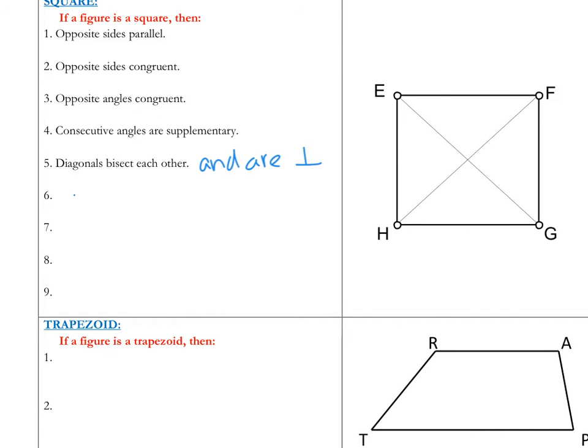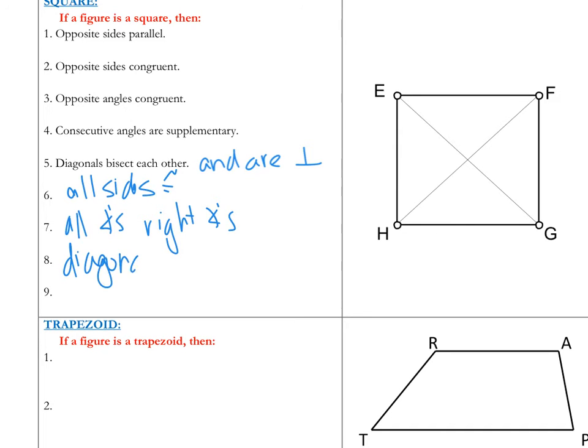For example, all sides are congruent, all angles are right angles, and diagonals bisect opposite angles. And then they also have diagonals congruent. So a lot of special qualities about a square.